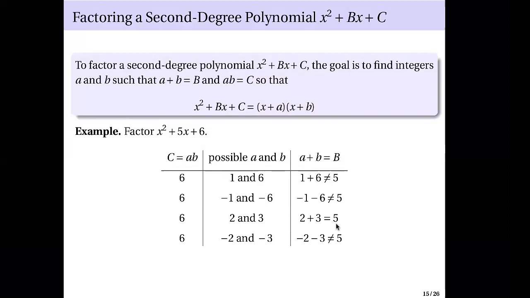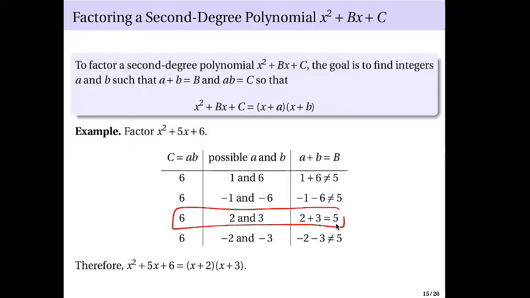But what do we have now? This row gives us the A and B that we want, meaning your x squared plus 5x plus 6 can be factored into x plus 2 times x plus 3.